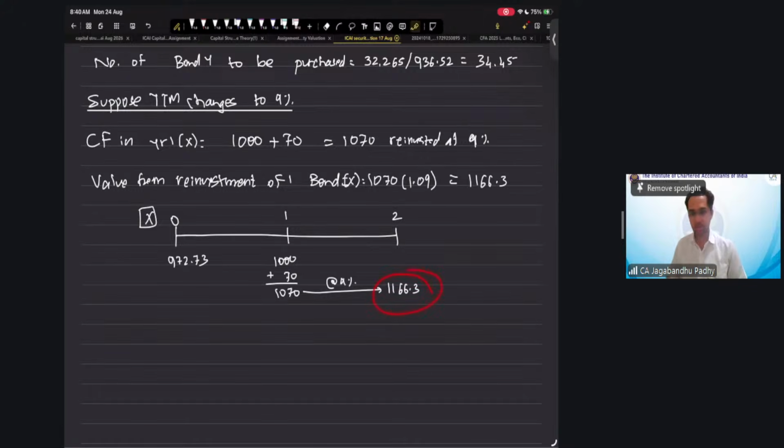So 1166.3 is the value of your bond X which you realize at the end of the second year if the reinvestment rate is now 9%. Are we clear with this part?